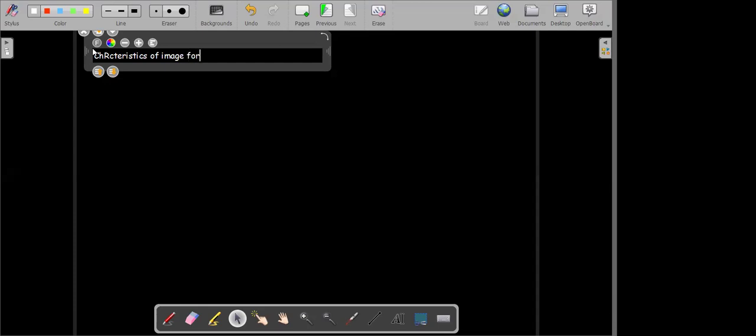Characteristics of image formed by a plane mirror. Okay. So what are the characteristics of the images which are formed by this plane mirror?